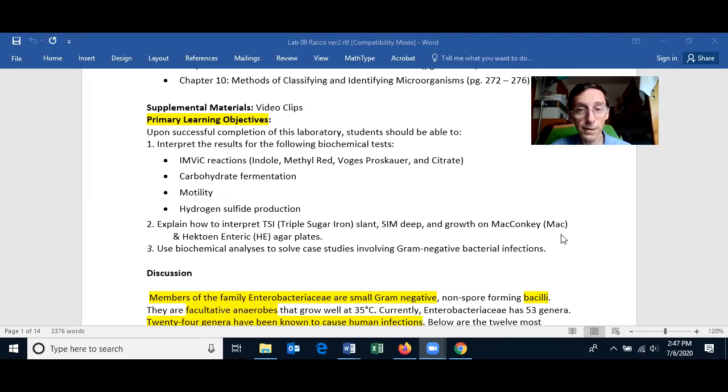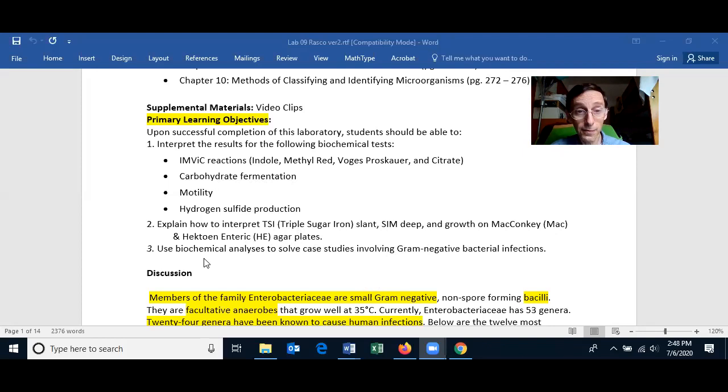The growth on MacConkey's, we ran into that before. It looks at gram negatives can grow on MacConkey's. It's selective and differential. And you'll look at lactose fermentation. So that's one of the carbohydrate fermentation tests. And then HE or Hektoen enteric agar plates are similar to MacConkey's.